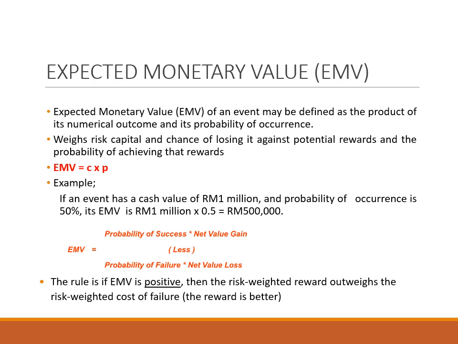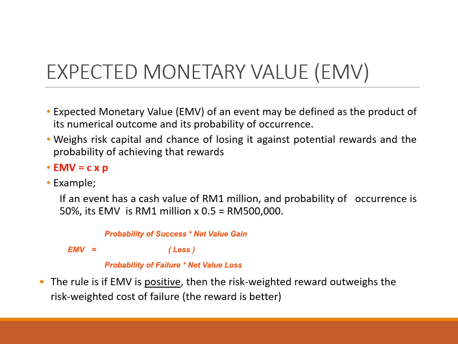For example, if you have an event and that it has a cash value of 1 million ringgit, and the probability of occurrence is 50%, meaning the probability of getting that 1 million ringgit is 50%. So therefore, the expected monetary value would be 1 million times 50% chance is equals to 500,000 ringgit.